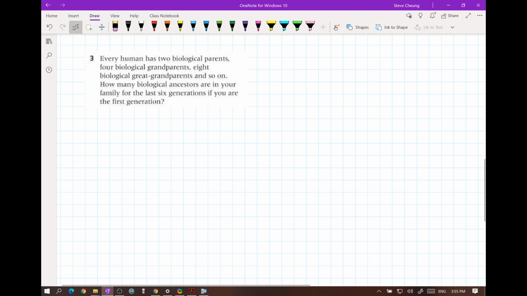Okay, every human has 2 biological parents, 4 biological grandparents, 8 biological great-grandparents, and so on. So in terms of the ancestry line, this is your grandparents, then this will be your parents.